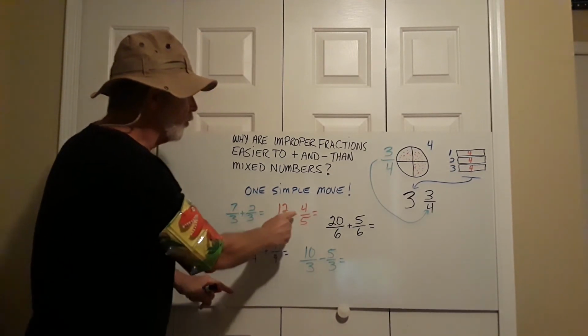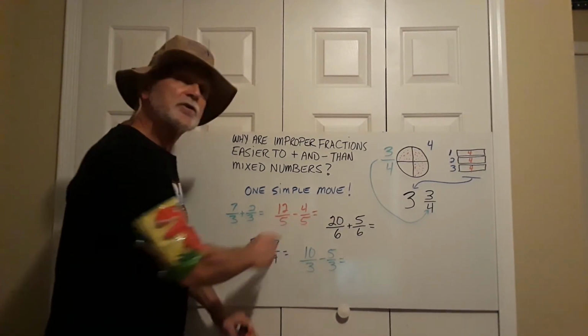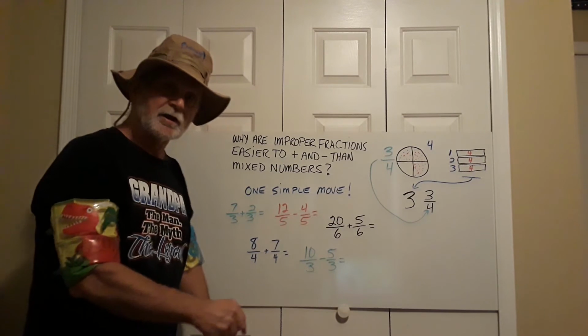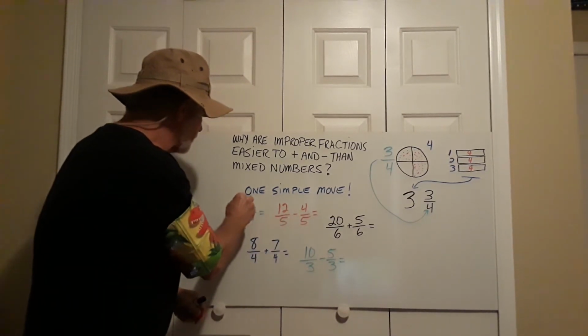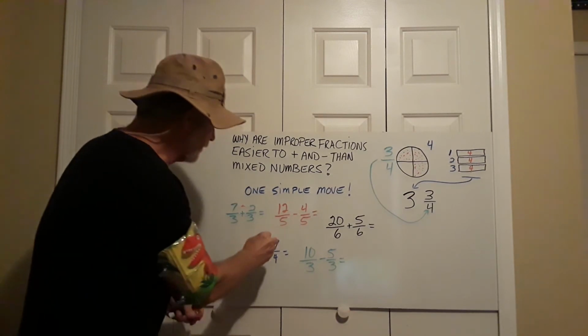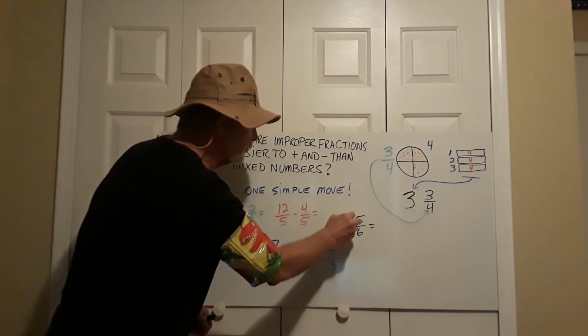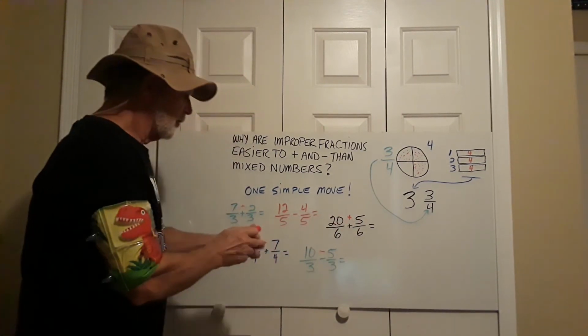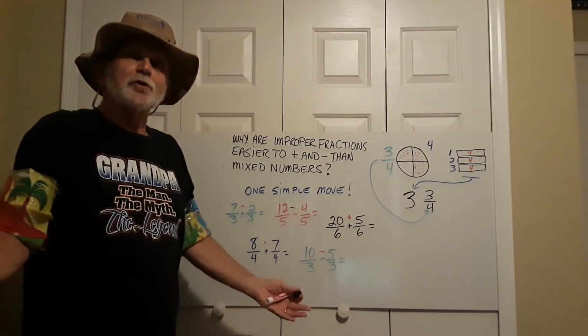We're adding or we're subtracting, and we have identical denominators. Okay? So all we have to do is add the numerators, there and there, or subtract the numerators. That's all we have to do.